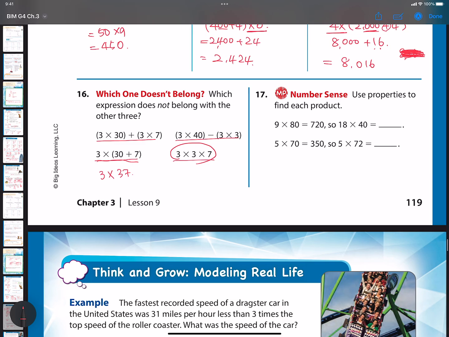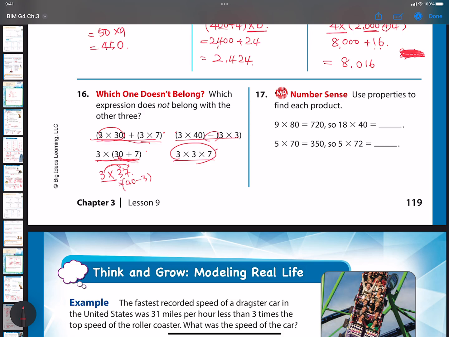But then it can be what? 30 plus 3 times 30, right? Distributed to 30 and then 7 ones place. And then this was the first process, second process, and this is subtraction also. This is closer to what? 40 minus 3. Okay, so yeah, 3 others are all distributive property, but here you cannot find the distributive property.